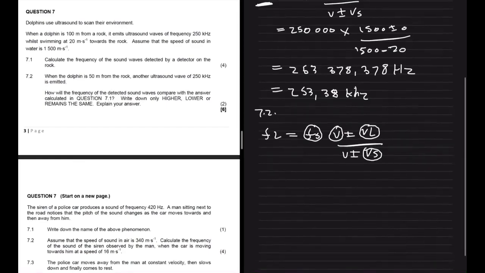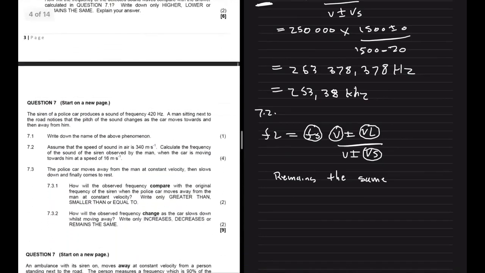So the right answer is remains the same, right? Remains the same. And then it says explain your answer. You'd explain your answer by writing this formula and stating that the distance between the sound source and the observer is not a variable in the equation we use to determine the frequency detected. Let's go ahead and move to the second question.